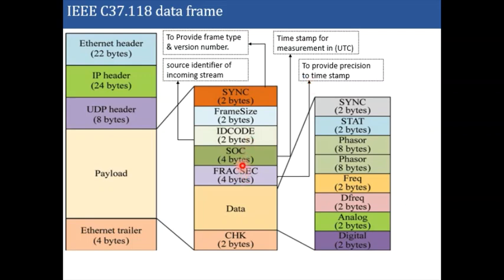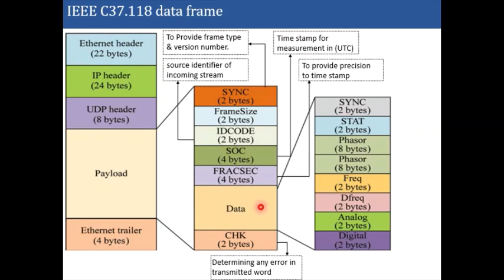So SOC and fraction are the two blocks which do the time stamping of the data frame. After that you have the phasor data housed in the frame, and in the last you have the checksum bytes to determine any error in the transmitted word.